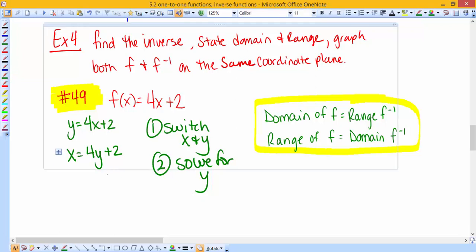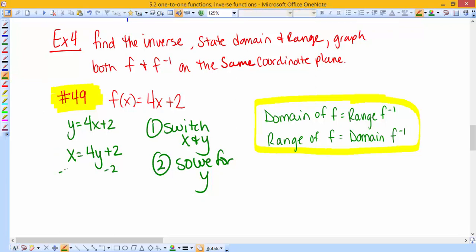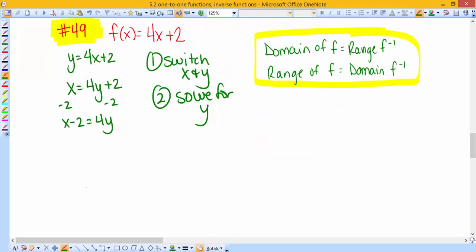So I have to subtract 2. X minus 2 equals 4y. This is kind of weird for me, the y being on that side. So I'm going to put 4y equals x minus 2. Then I'm going to divide everything by 4. So y equals 1/4 x minus 1/2.